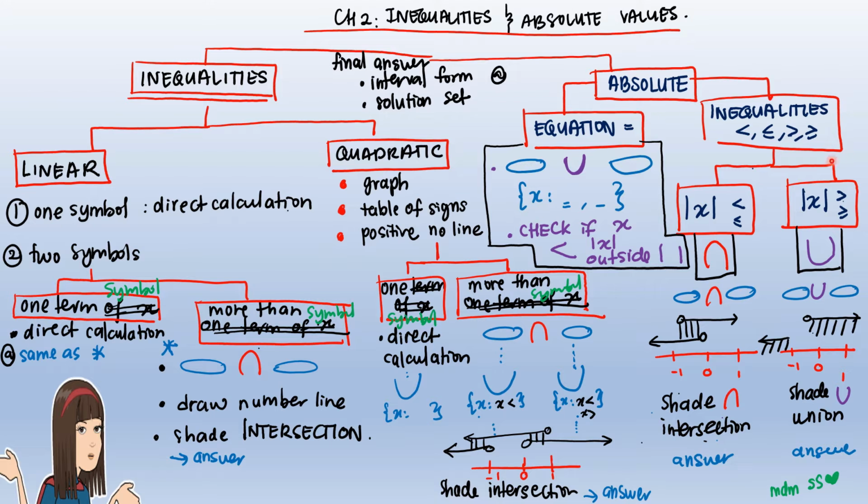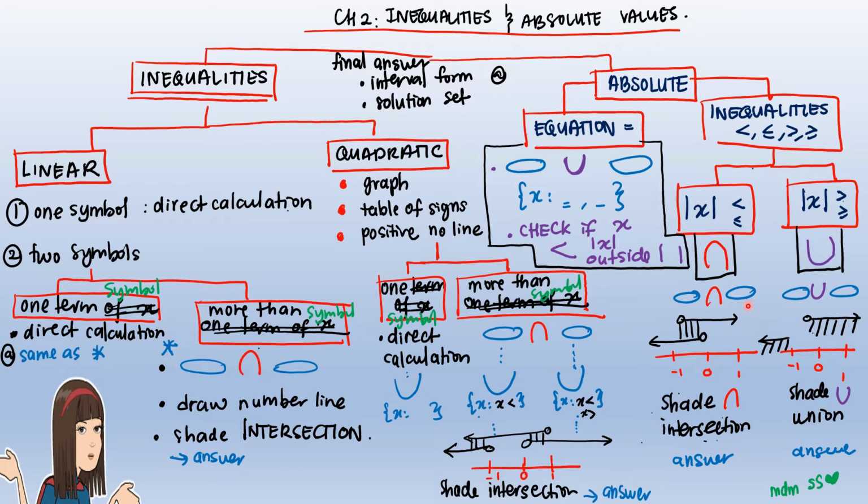The last part is absolute inequalities. You have an absolute inequality involving one of the four symbols. It is divided into two. When modulus x is less than or equal, you have to use "and" as our in between, so you will shade the intersection.